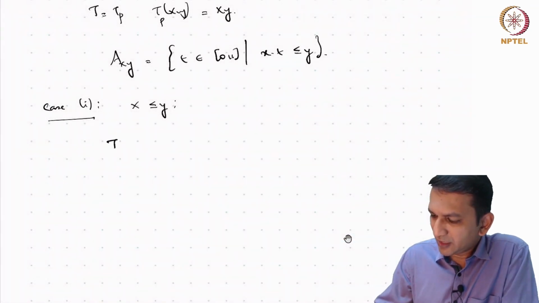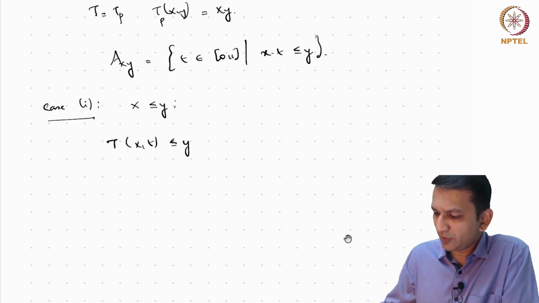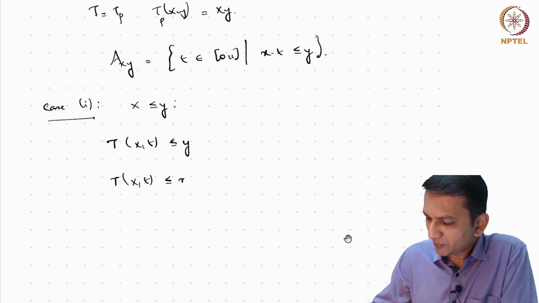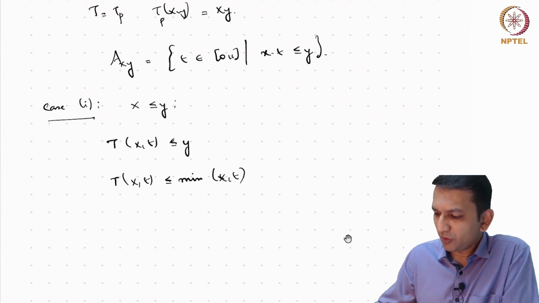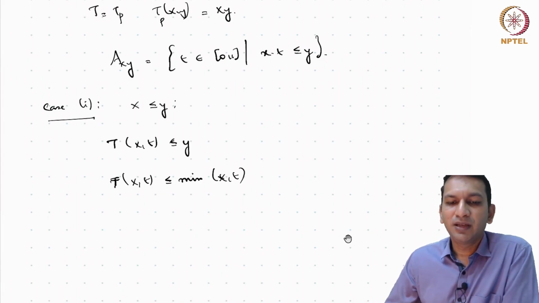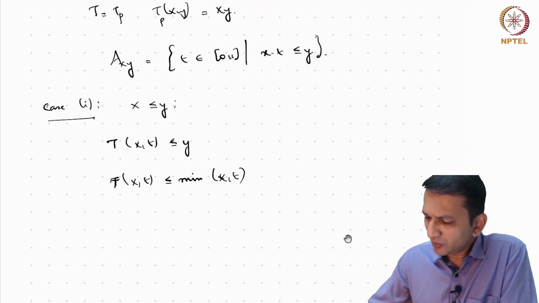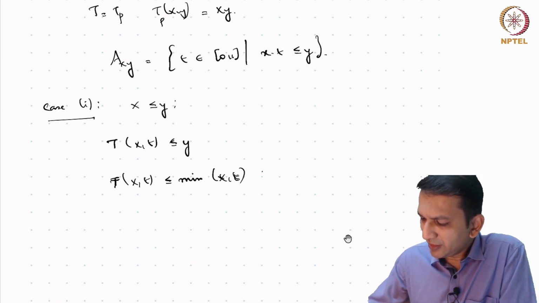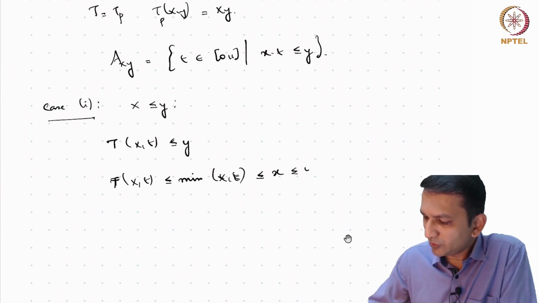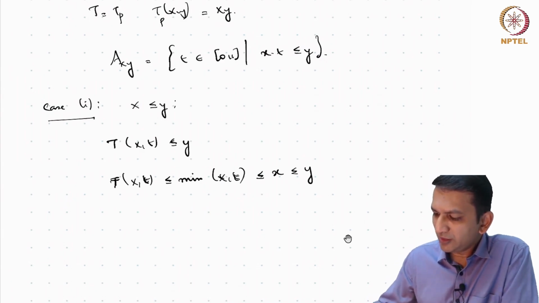Let's consider an arbitrary t, and what we want is T of x,t to be less than or equal to y. Now we know that for any T, T is always less than or equal to minimum, because minimum is the largest T-norm. So that means definitely this is less than or equal to x. Now this is less than or equal to y, no matter what the t is.